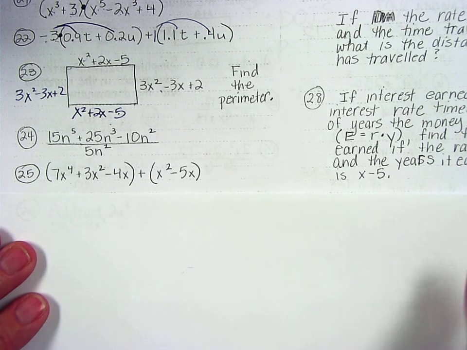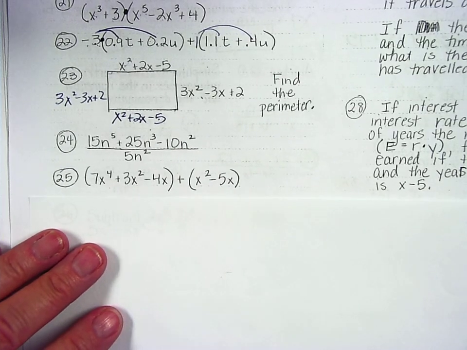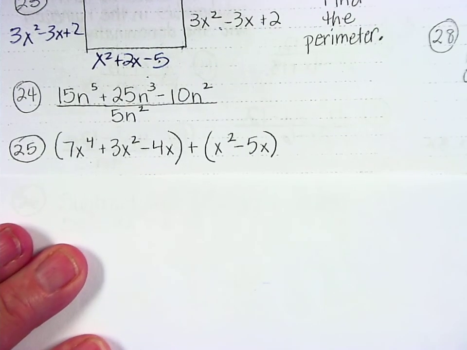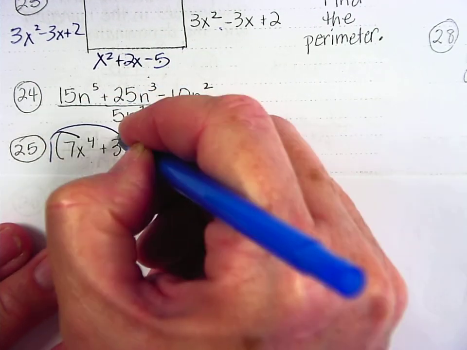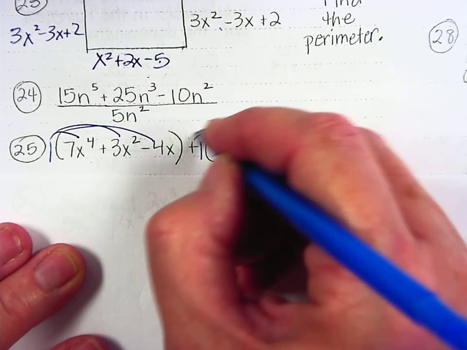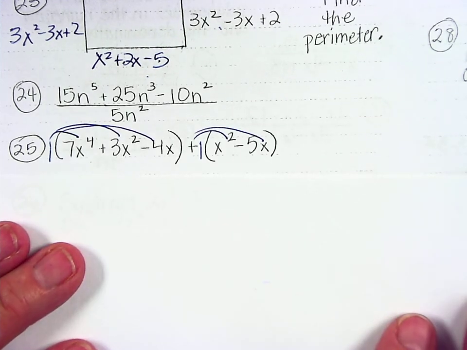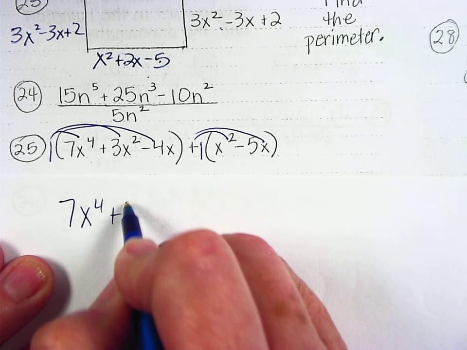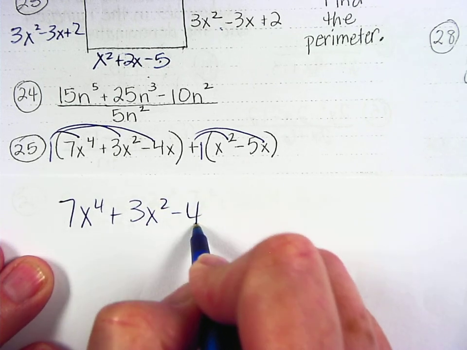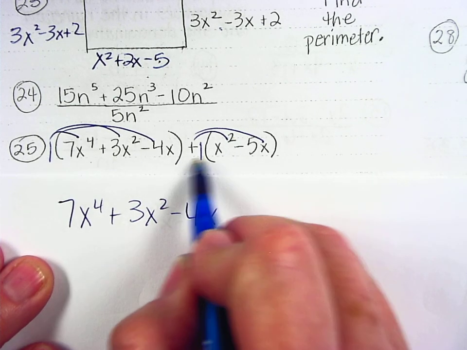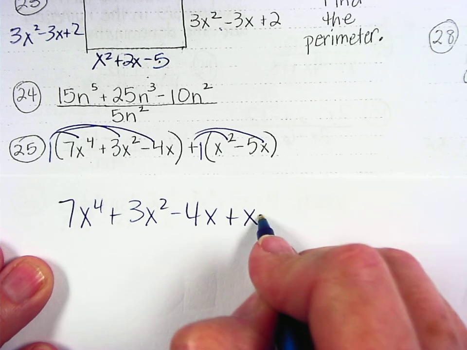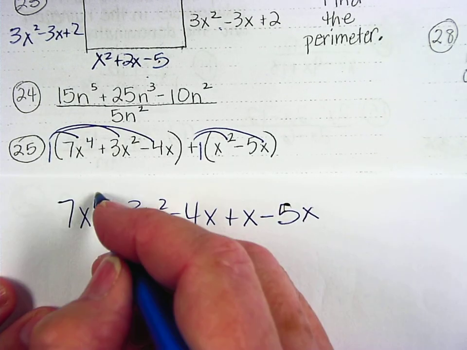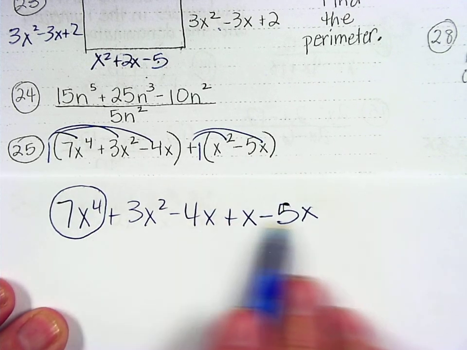All right, let's look at number 25. We're adding all these polynomials. When we add, we just distribute a positive 1 to every term. And when we distribute a positive 1, nothing changes its value. So I have 7x to the 4th plus 3x squared minus 4x plus x squared minus 5 to 5x. Highest exponent, no buddies to hang with.